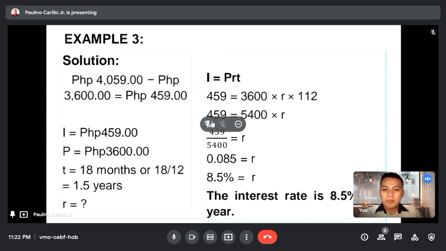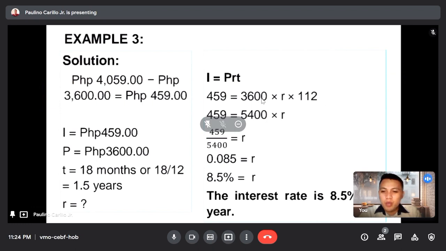Now, we have completed the values that we are going to plug in to our formula. We have here the interest 459, the principal which is 3,600, and R is the asked value in the problem. Sorry, by the way, this is not 112.